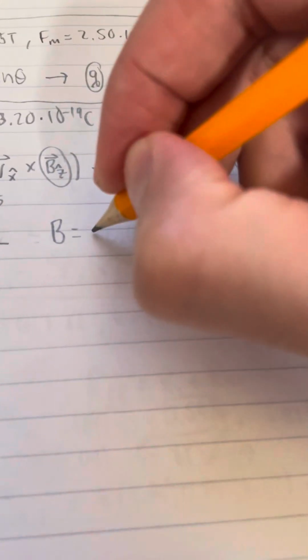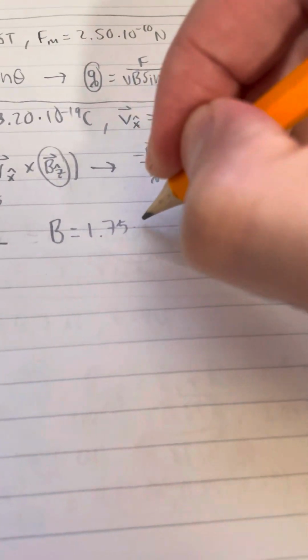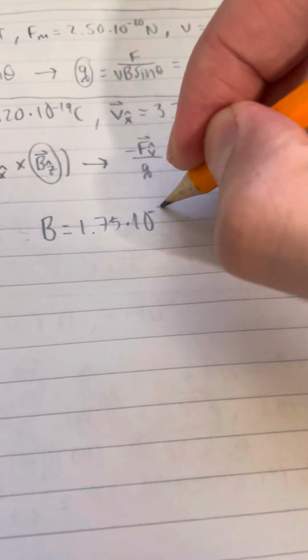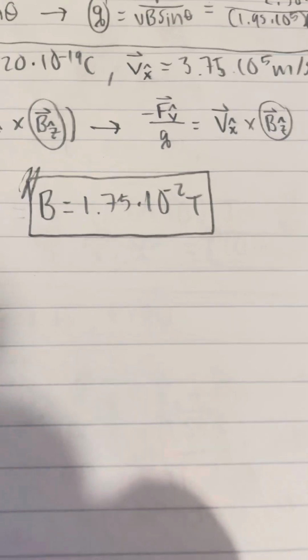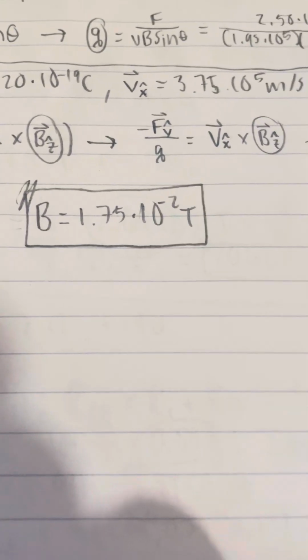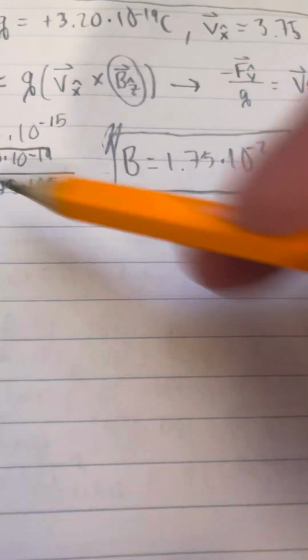So B is 1.75 times 10 to the negative second T here. Excuse me. And part E is asking us to find the direction of B. As we said before, these are canceling, so this is going to be B in the positive Z direction.